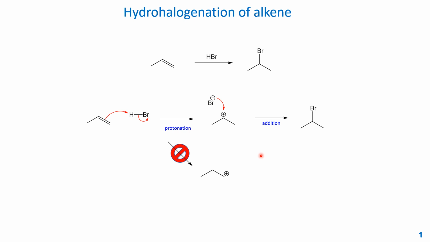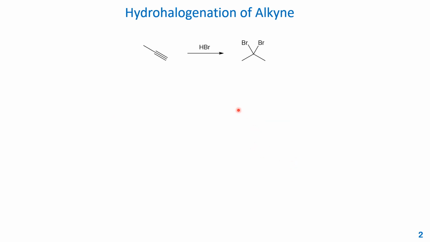The major product should then be generated from the more stable carbocation. But in this example, no carbocation rearrangement happens because you cannot draw a more stable carbocation after a 1,2 shift. Now let's look at the hydrohalogenation of alkyne.